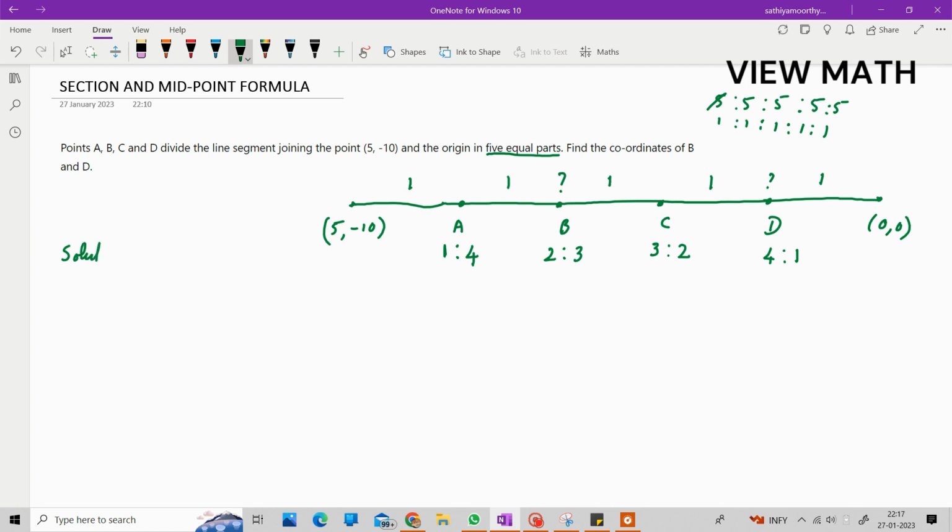So let me find B and D. In a similar way, you can also find the coordinates of A and C too.